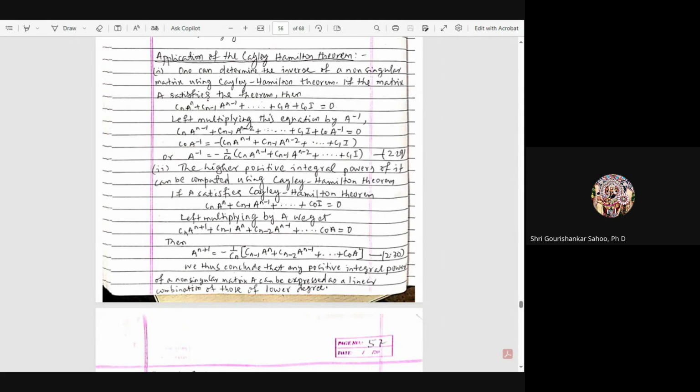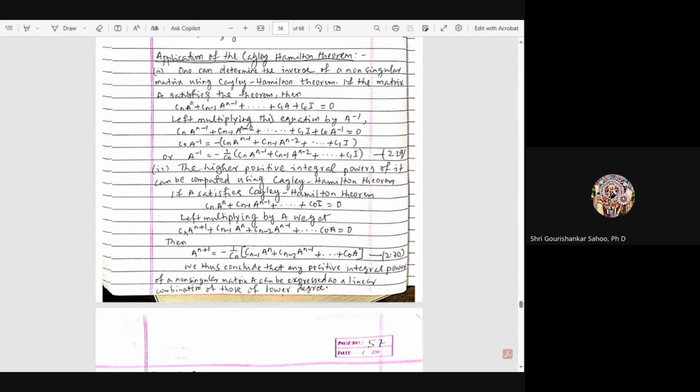The higher positive integral powers can also be computed using the Cayley-Hamilton theorem. If A satisfies the Cayley-Hamilton theorem, that is Cn A to the power n plus Cn minus 1 A to the power n minus 1 plus and so forth, plus C0 I is equal to 0, then left multiplying by A, we get Cn A to the power n plus 1 plus Cn minus 1 A to the power n plus Cn minus 2 A to the power n minus 1, and so forth, plus C0 A is equal to 0.